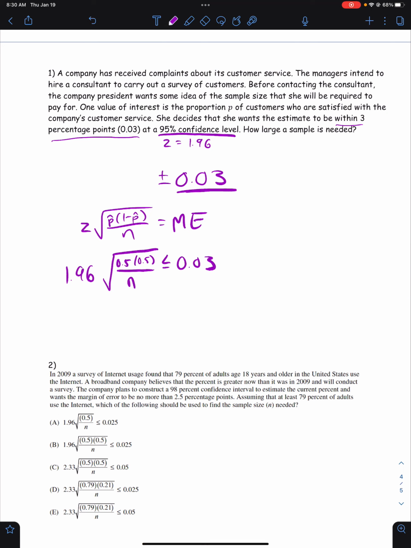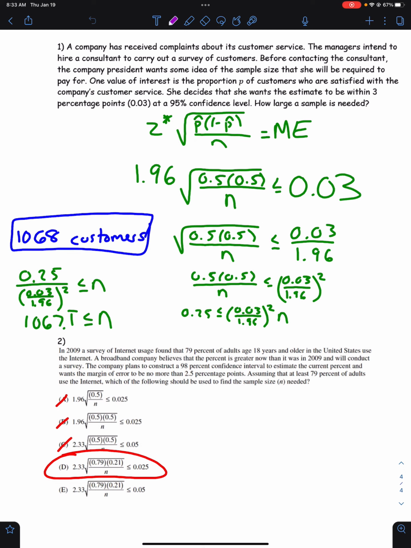So I want you guys to finish off number 1, do number 2, pause the video, play it once you're done, and we'll go over them. Main thing for this one is don't round anything until the very, very end. You might have gotten a different answer than me if you did. When I first divided both sides by 1.96, I didn't round it yet.